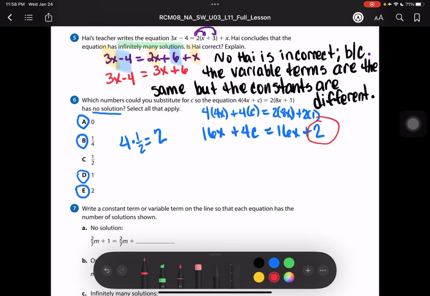If I want no solutions, I'm focusing on different constants, and same coefficients. Let me say that again. No solution, I want same variable terms, different constant terms. Okay.